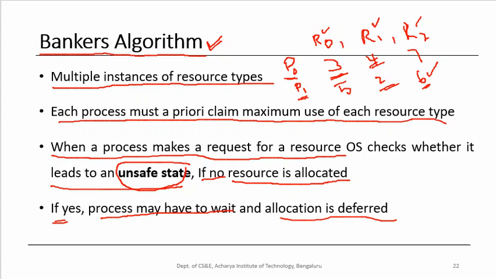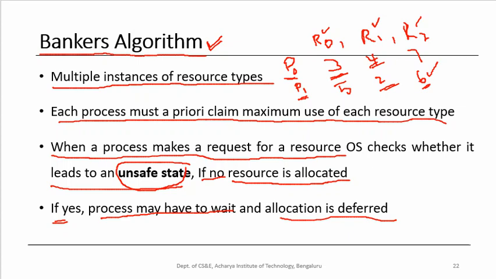Now let us look at the different data structures that are used by the Banker's algorithm, and we will also take an example and see how this Banker's algorithm works. What you have to understand clearly here is that the Banker's algorithm has to check the state of the system when the process makes the request for a resource.